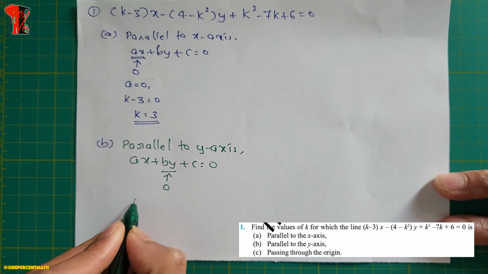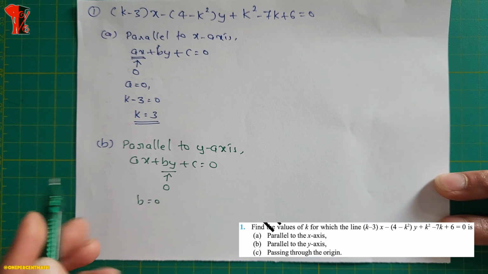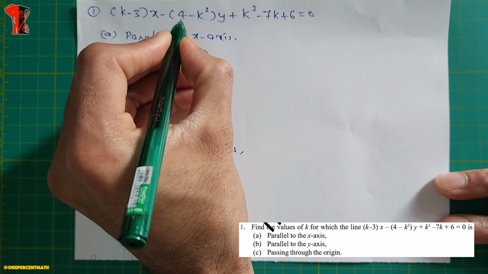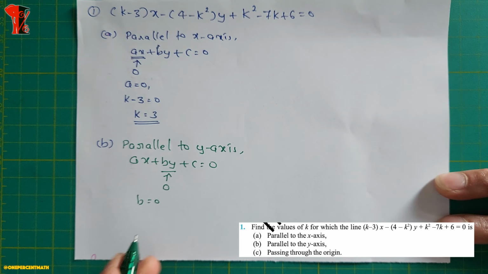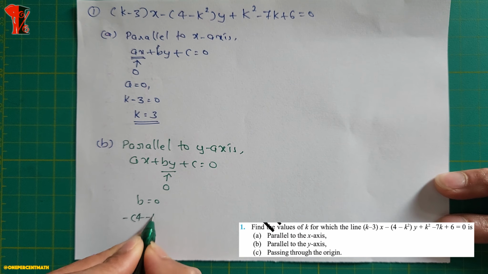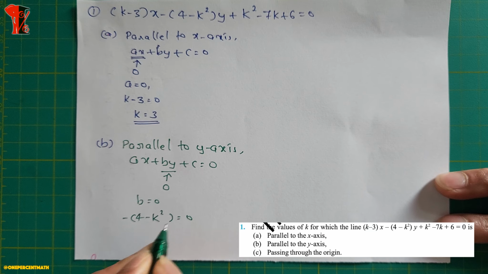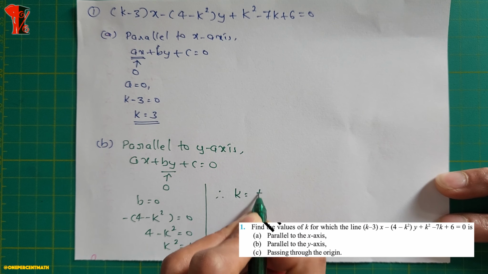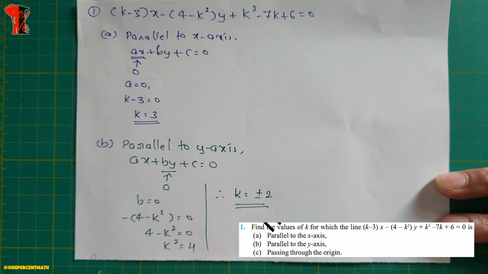That means b should be equal to 0, b being the coefficient of y. So here the coefficient of y is minus of 4 minus k square. So 4 minus k square is equal to 0. That means k square is equal to 4. Therefore k is equal to plus or minus 2.